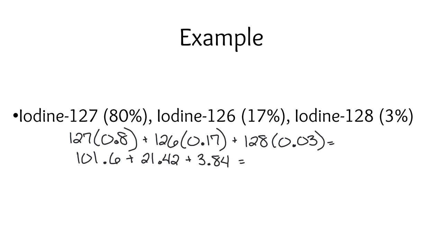Now that I've done that multiplication, I'm just going to add my 3 numbers up, and that's going to give me a total of 126.86. And we're going to add our unit, AMU. This number should be pretty close to the average atomic mass that you get off of the periodic table. So this is how we do a problem.